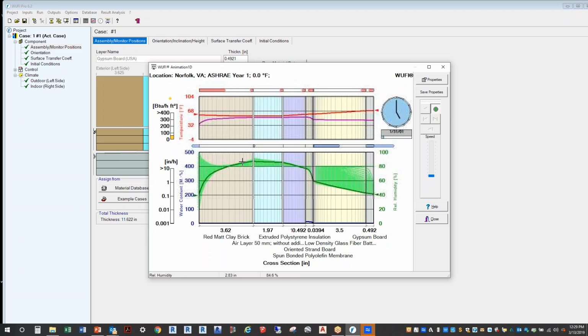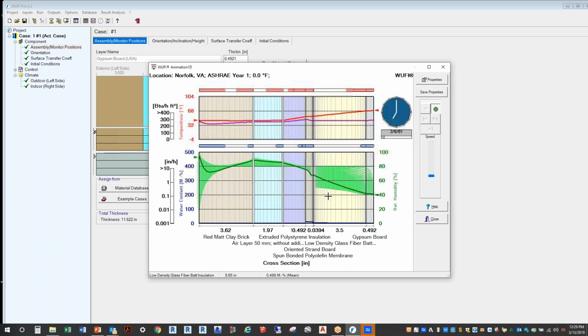But we're looking in January here, at the end of January. Not a lot's happening inside the building. Our relative humidity is at 40%. It kind of goes up as it goes through the wall system, but we're not seeing anything dramatic here. Our water content is very low, and you're only really concerned about the water content in organic materials and your insulation, if it's fiberglass.